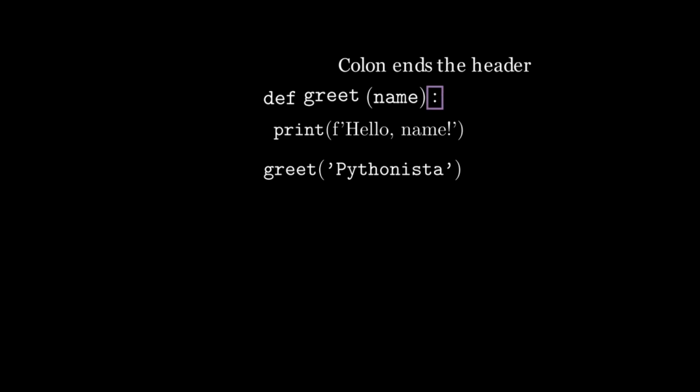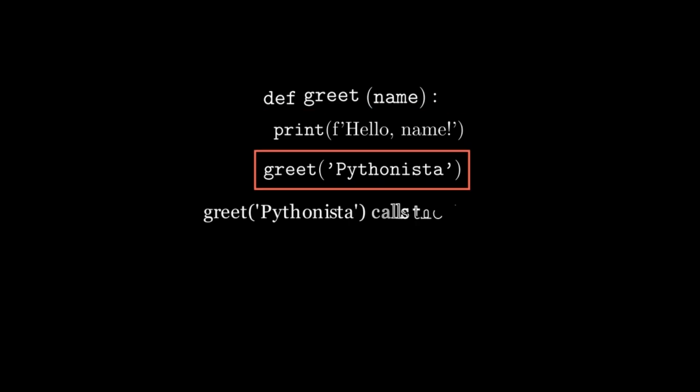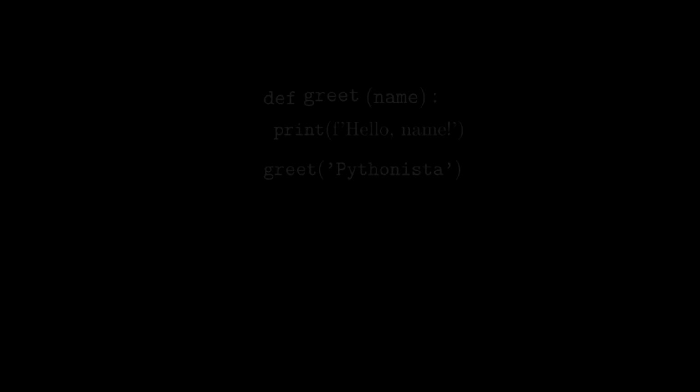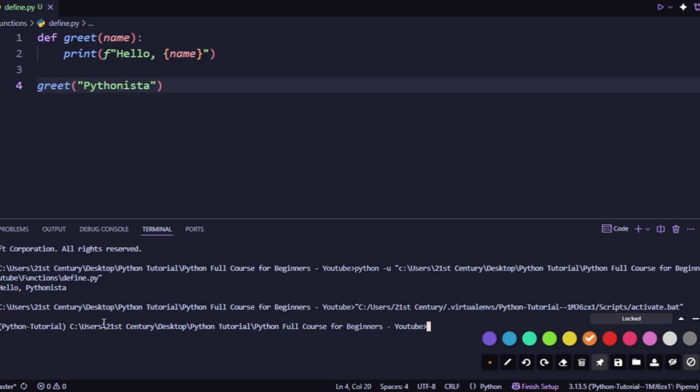I'll be using an f-string, let's say hello, and then name, or the variable in this case. After that we'll be calling the function, and let's say the value of the variable is this. And now let's run this and see hello Pythonista.